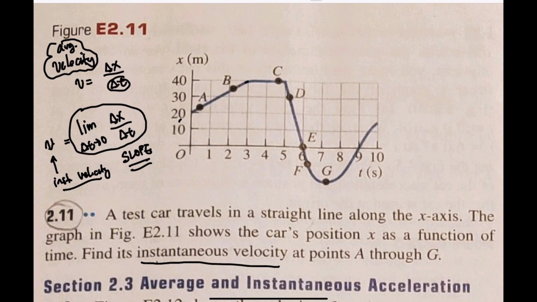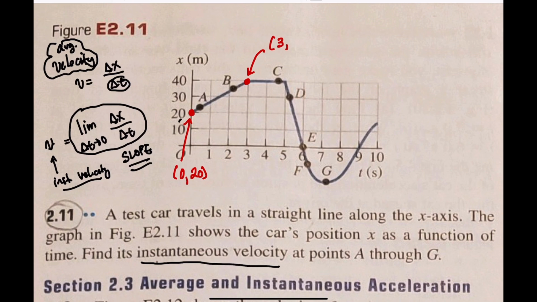What I'm going to do is focus on this point right here, which would have coordinates of time 0, position 20. And then I'm going to look at this point right here, which has coordinates of time 3, like 3 seconds, I guess.